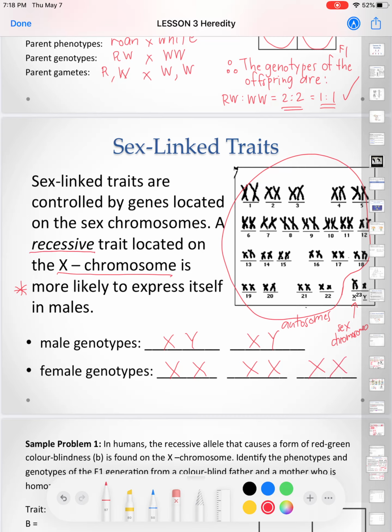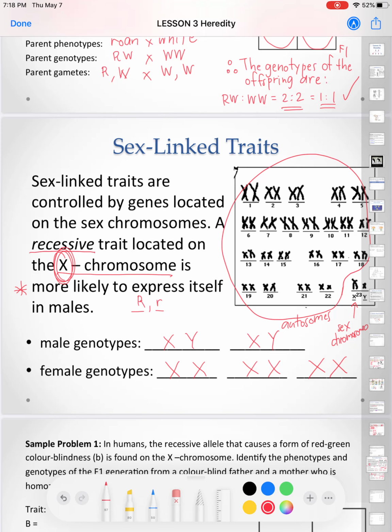Okay. And let's just assign a random letter to a dominant trait and a recessive trait. Because it's X-linked, it's only on the X chromosome. It's never on the Y chromosome. So that means on each of these X chromosomes, we have to assign either the dominant or the recessive allele.